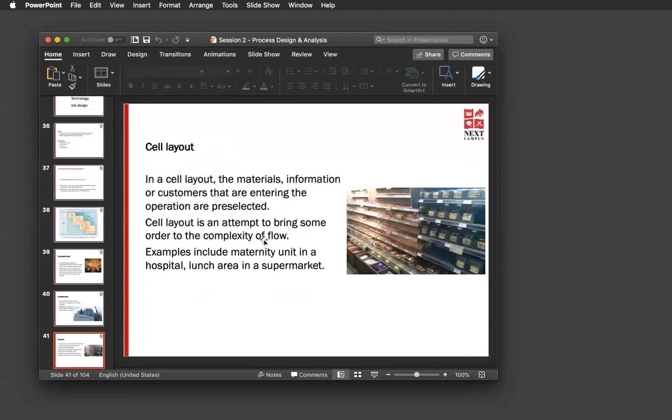Okay, then we come to a cell layout, where the materials, information, or customers that are entering the operation are pre-selected. So what happens in the cell layout? We have products differentiated by the requirement or the nature. Let's say you want to go to a supermarket. If you want to purchase vegetables, you won't be actually moving into a different section to purchase vegetables.